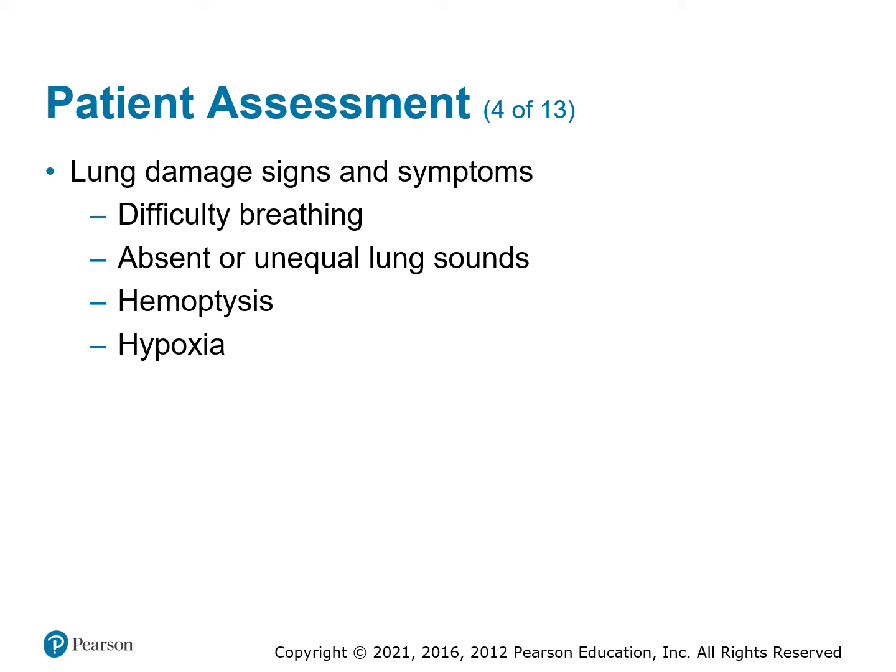You want to make sure that you're listening to all areas of the lungs. Hemoptysis is the coughing up of blood. That can also indicate some internal damage when they're coughing up blood. And then hypoxia will also indicate damage to the lung system as well. And then you need to be prepared to treat these as well.